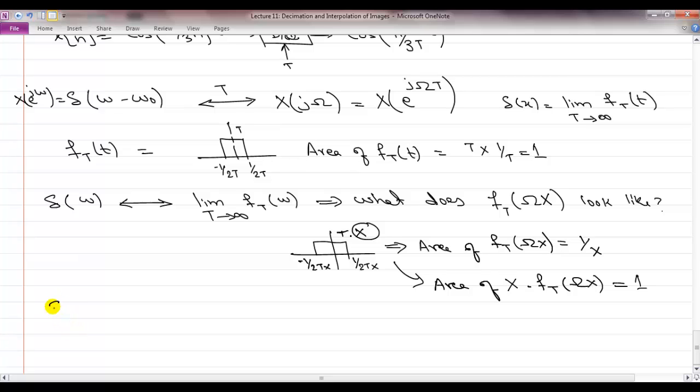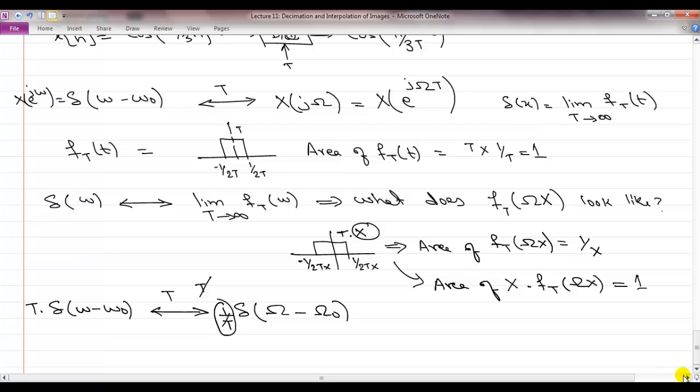If you take delta of omega minus omega naught and you just scale the frequency axis and not change anything else, then the answer is actually delta of omega minus omega naught times 1 over T. And if you have a scaling factor of T here, then that T gets cancelled with this 1 over T, and you get your pure impulse.